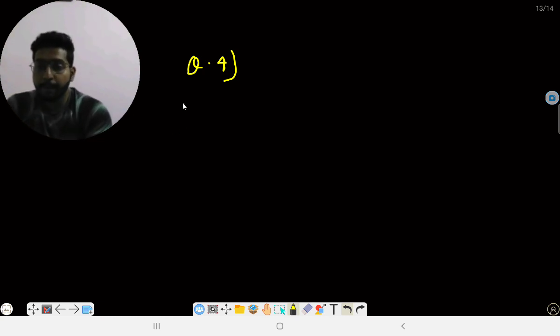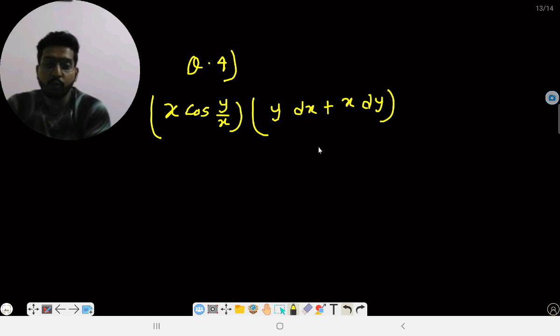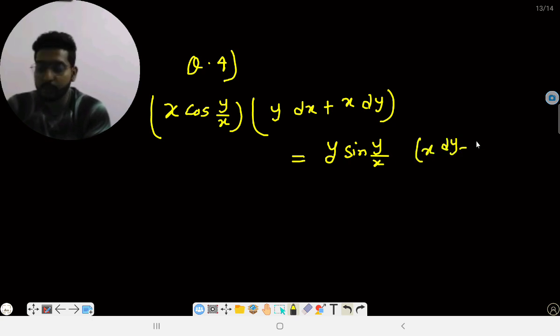Now in question number 4, it looks like this: x cos of y by x into y plus y dx plus x dy equals y sin of y by x into x dy minus y dx, like this.